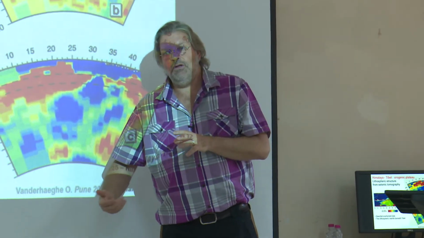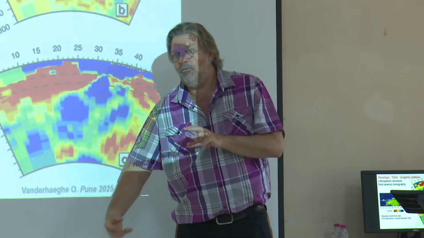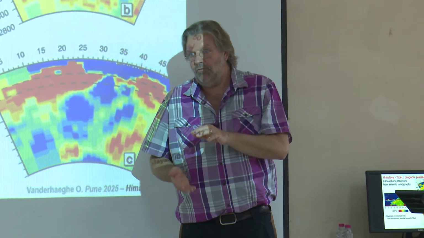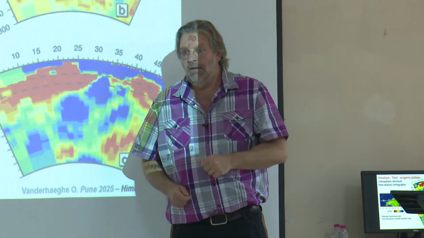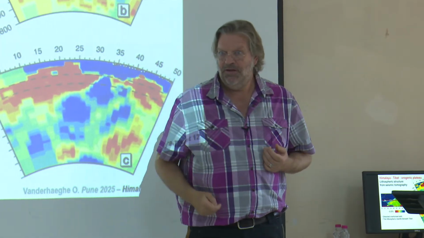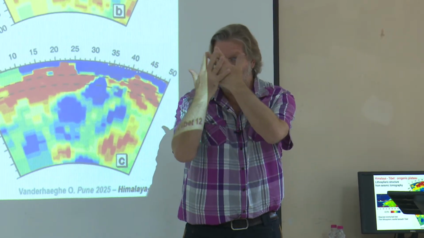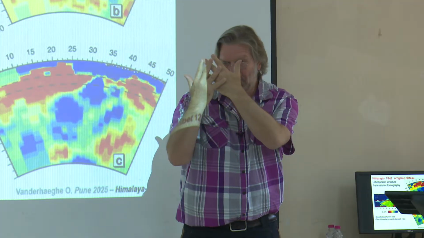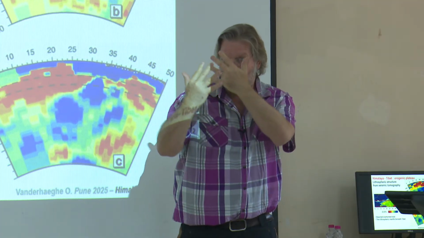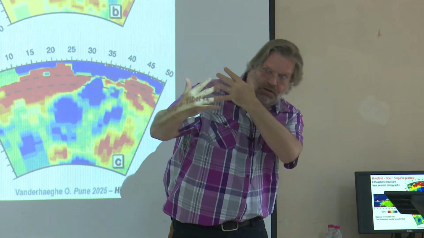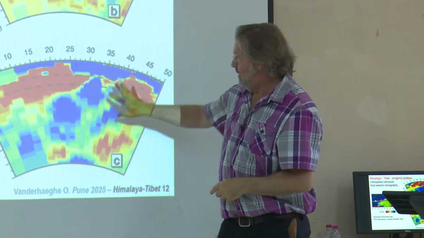So we do not get the waves directly from the mantle to the surface. They go through the crust. It's like when I see you now, in between us there is a crust, so I don't see you very well. And the thicker the crust, the more difficult it is to see what is underneath. So I think that's the problem here.